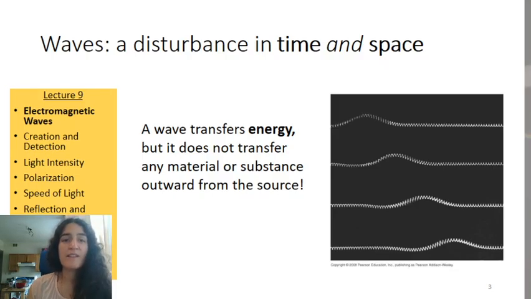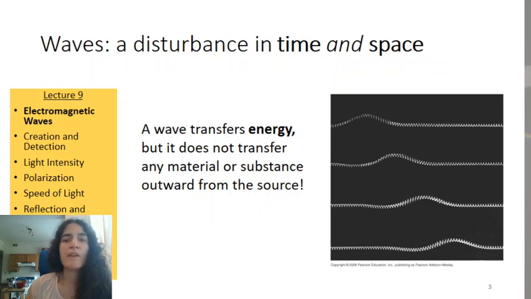So before we even discuss what an electromagnetic wave is, we should discuss some properties that are universal to all waves. So usually when I talk about waves, I first do a review of oscillations, right? So an oscillation is a disturbance in time that is somewhat periodic, right?